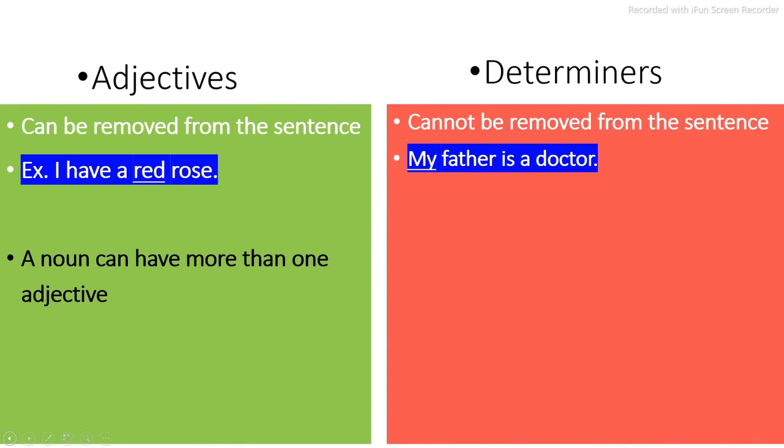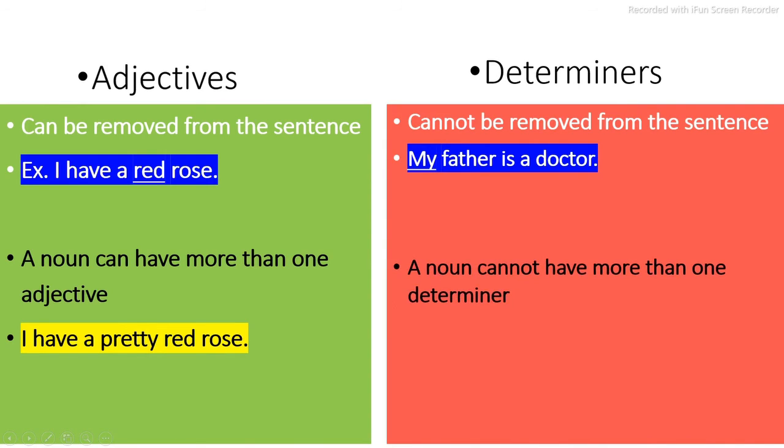The next difference is that a noun can have more than one adjective. For example, I have a pretty red rose. Pretty and red are both describing words, so it can have more than one adjective. But determiners can be used only one at a time, we cannot use more than that.